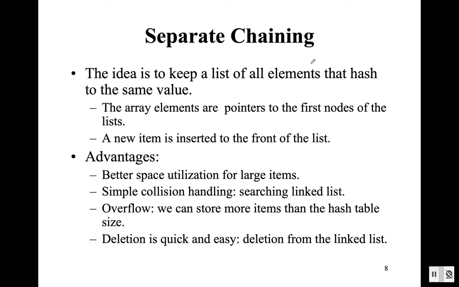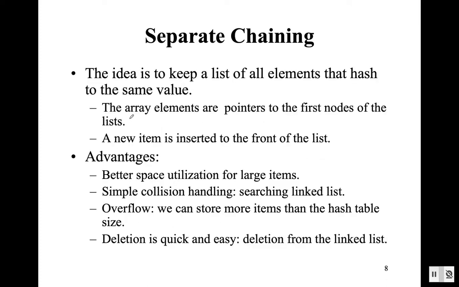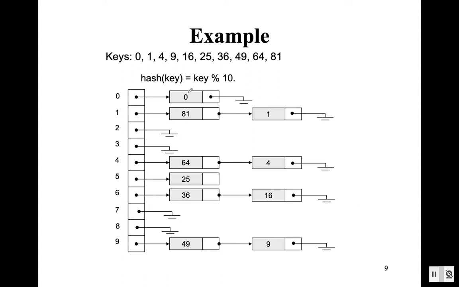In separate chaining, the idea is to keep a list of all elements that hash to the same value. We saw the example that for separate chaining, the array element is going to be a pointer, and this pointer is going to point to the list of numbers that map to the same hash value.